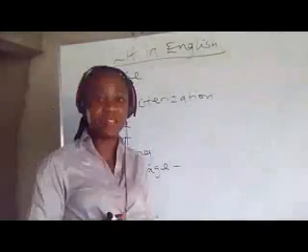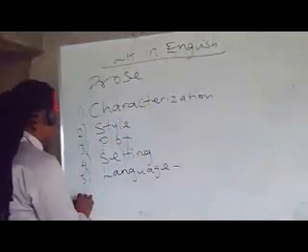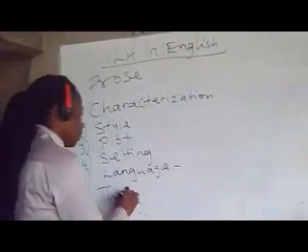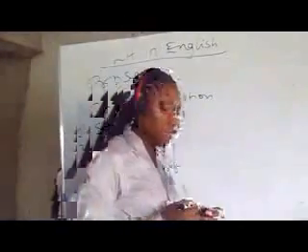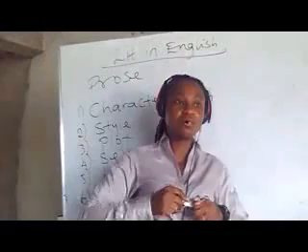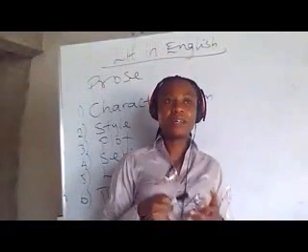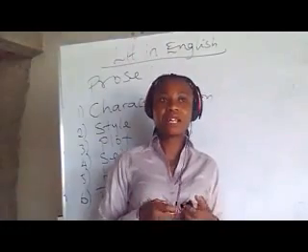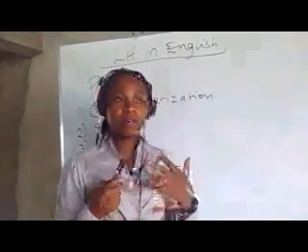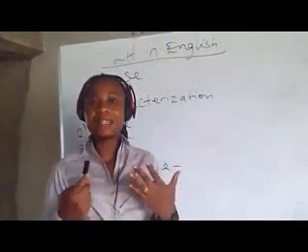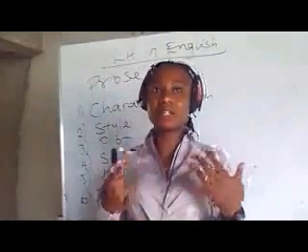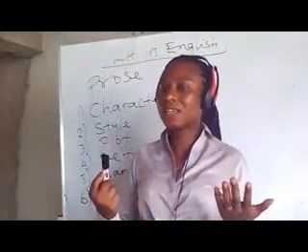Then we have the theme. The theme here is the main idea in which the author is writing about. Maybe you read a novel and the novel centers on corruption, or you read another one and it centers on hatred, it centers on love, it centers on success.